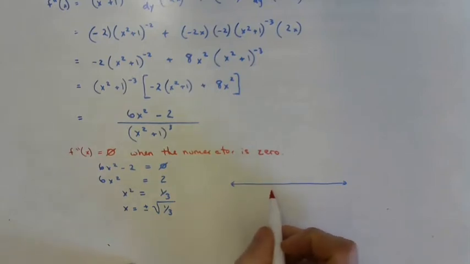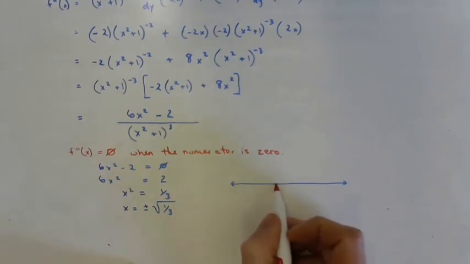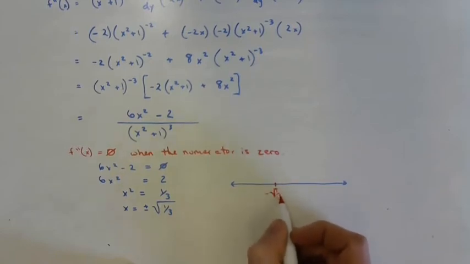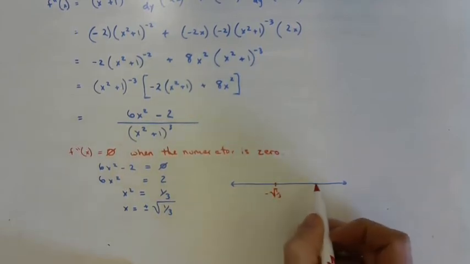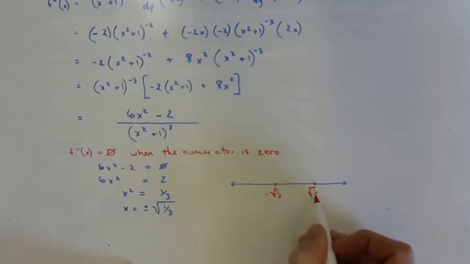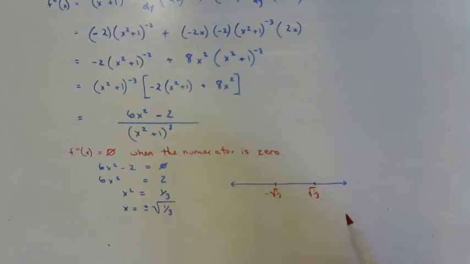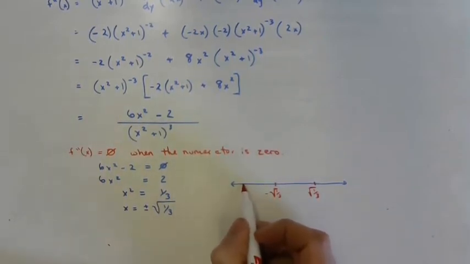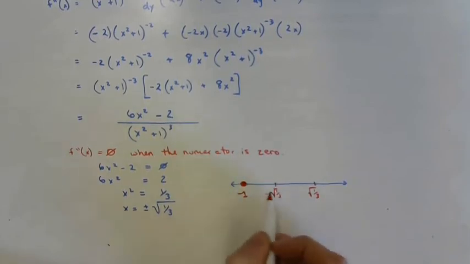So basically what we're saying is that we have a zero here at negative square root of 1/3, and we have a zero here at positive square root of 1/3. And I want to see if there's a sign change. So I'm actually going to choose a value down here to deal with, which is -1. That will tell me the sign of this interval.